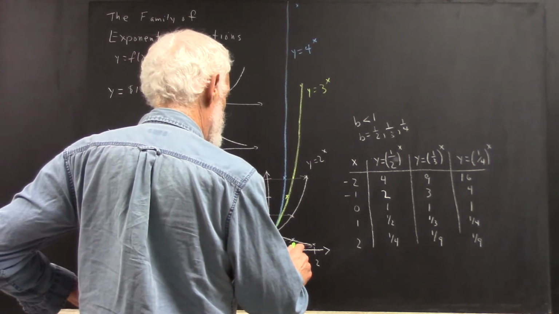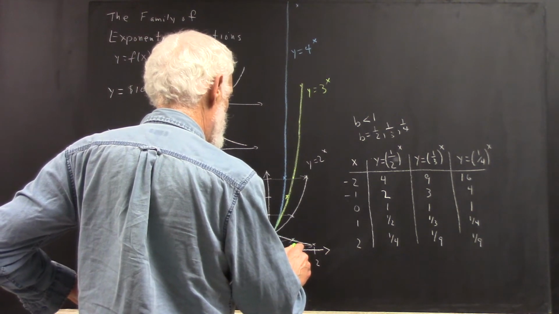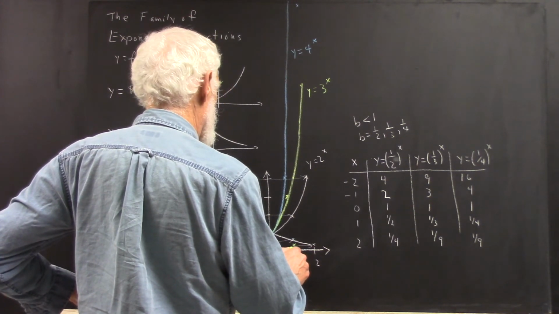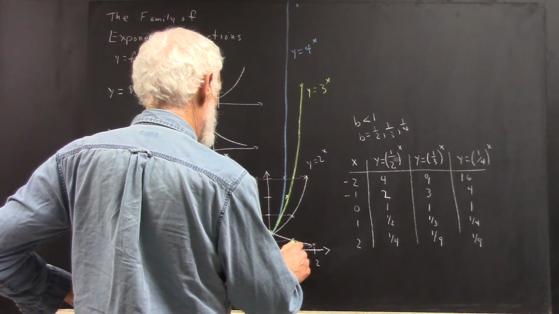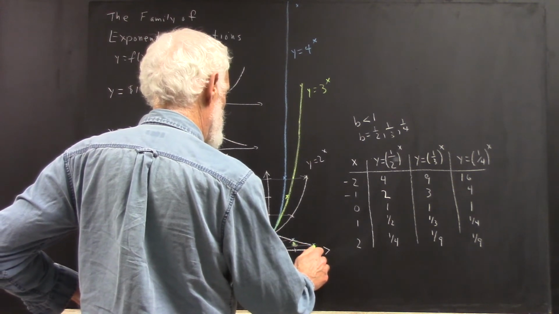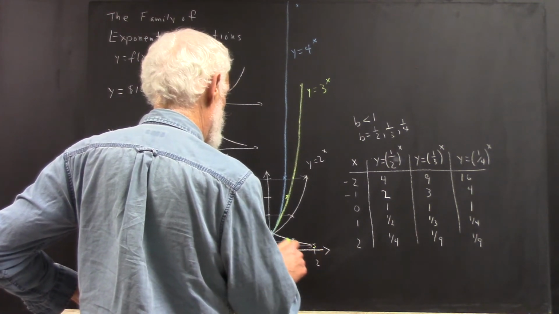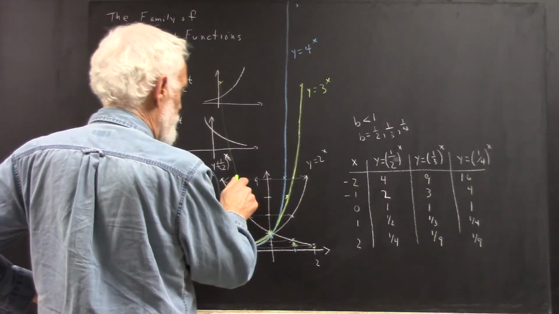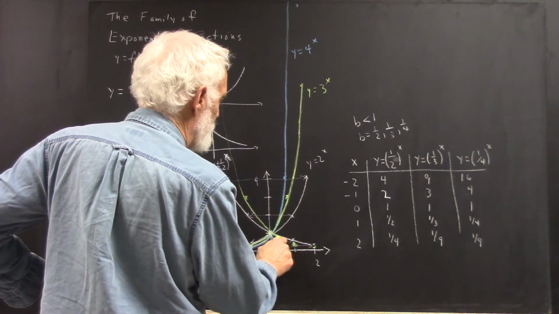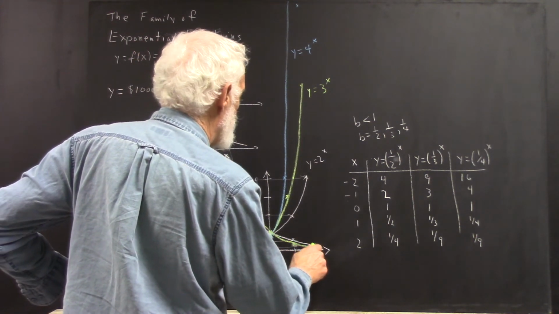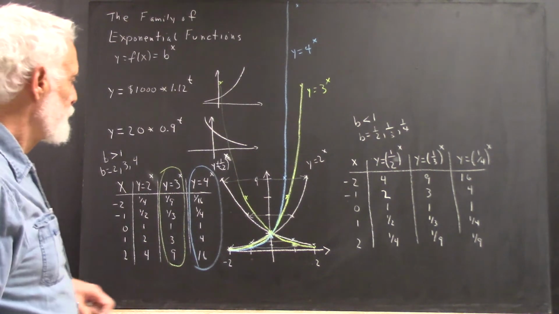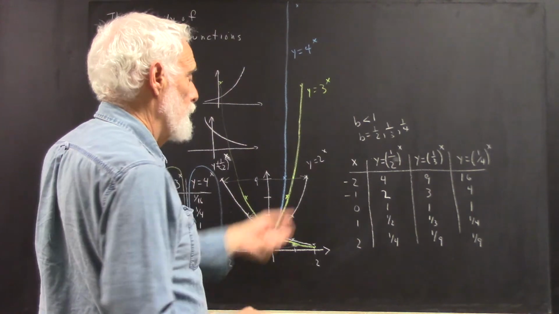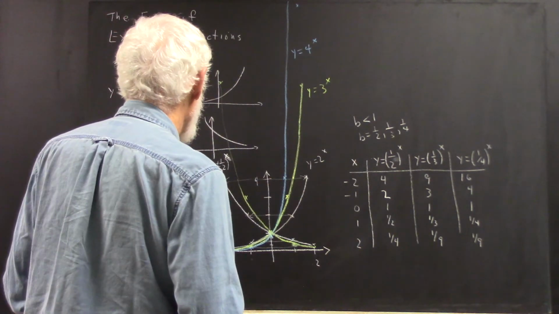When x is 1, y is 1/3. And when x is 2, y is 1/9. So we have a graph that comes down from up here someplace. It comes through here and does this. And this is just a reflection of the 3 to the x graph and the 1/4 to the x graph.